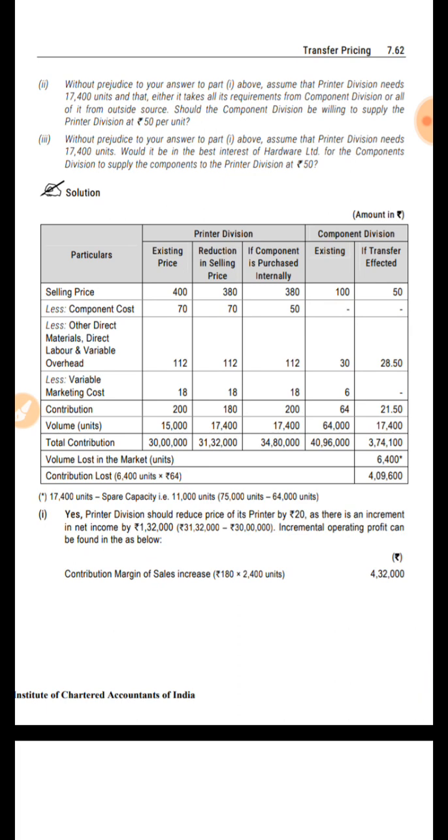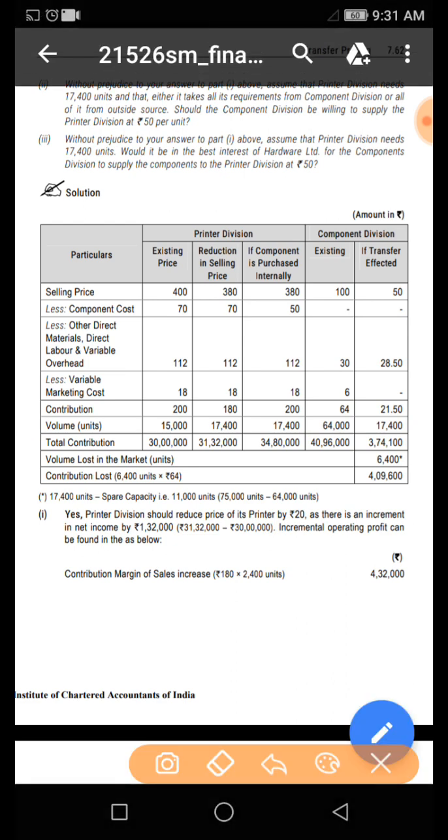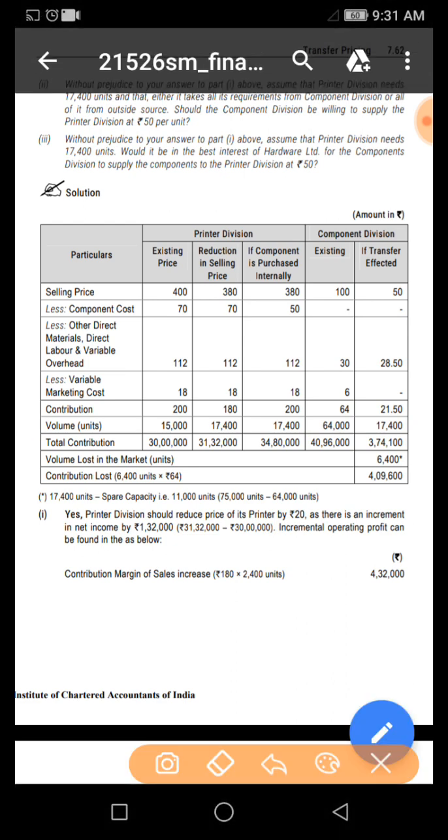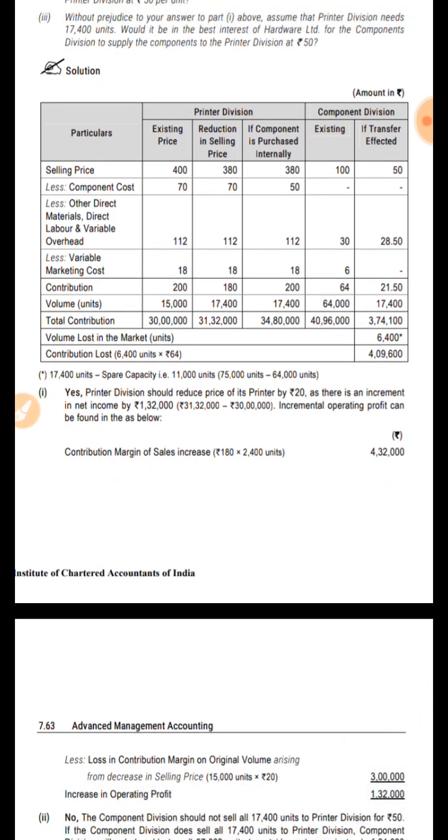So that is the contribution margin of sales increase: 180 into 2,400. Because of that 20 rupees reduction we are able to sell 2,400 units extra, no? So for those 2,400 units at this 180 contribution margin, we are getting 4,32,000. It's going to increase.